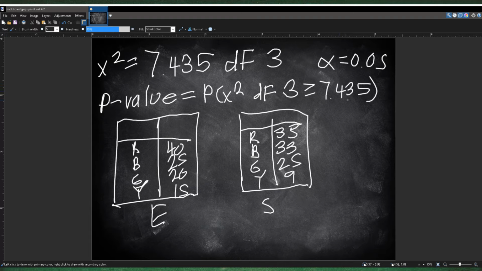So go to your calculator, go to calculate, which is A, menu, probability or statistics, doesn't matter. Just go down to distribution, then go down to X squared CDF, which is number 8. And then you want a value bigger than 7.435, right? So your lower bound would be 7.435, and your upper bound you could just write 9, capital E, 999.